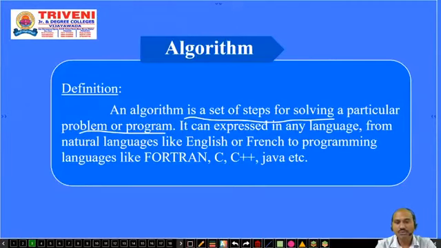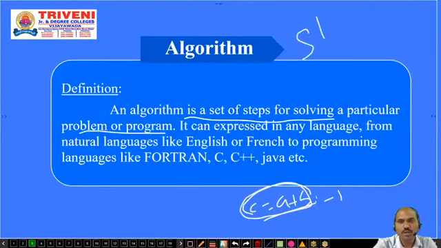Suppose we have to write a program, for example, C equals A plus B. Before writing this program, we have to write the algorithm, that is how to execute it. We discuss the entire concept as a step by step process: step 1, step 2, step 3, executing one by one. That is an algorithm, step by step processing.